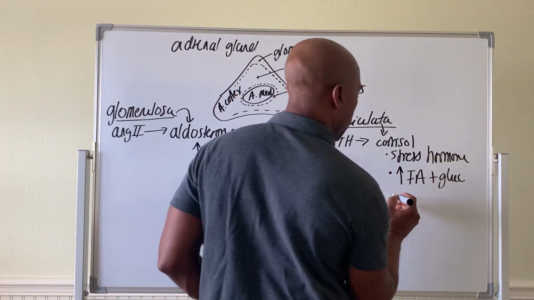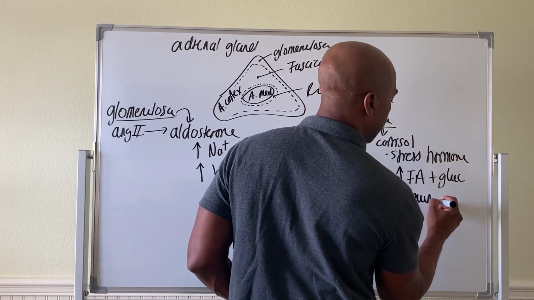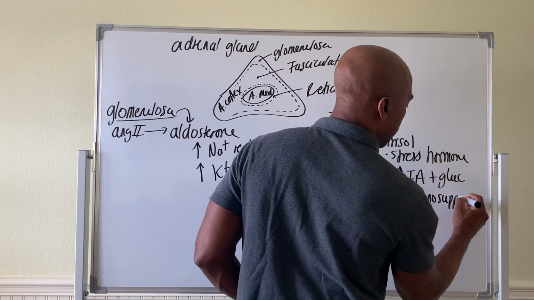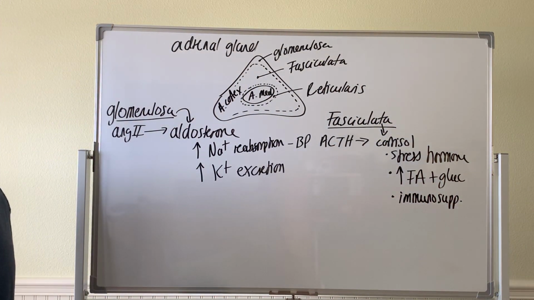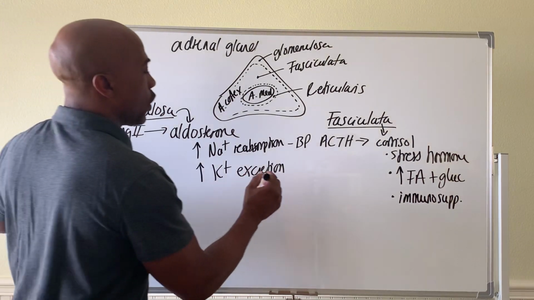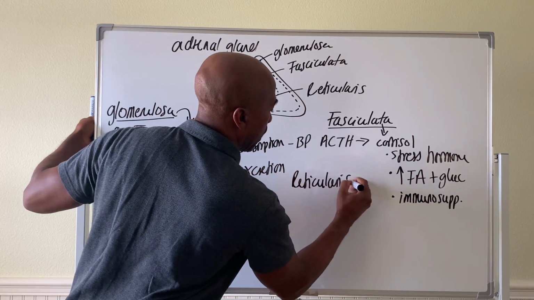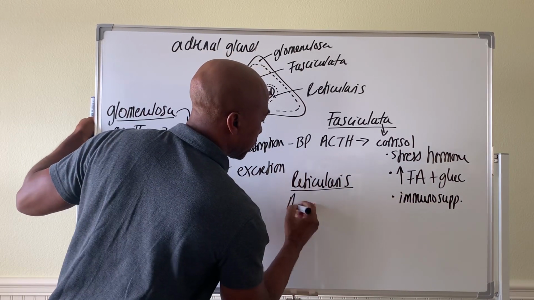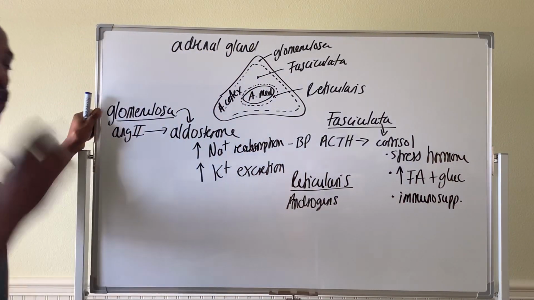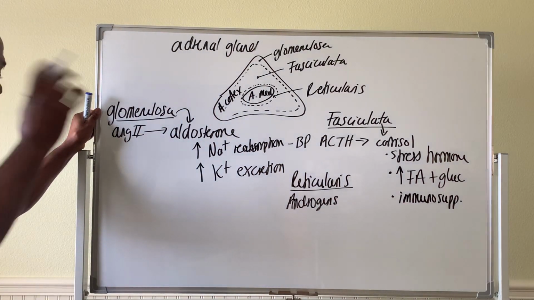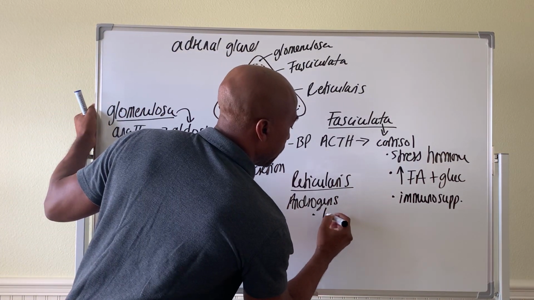Actually, in the long term, cortisol can be what's called immunosuppressive. You will get sick from long-term stress because it will suppress your immune system. So that's zona fasciculata. Then there is zona reticularis. This zone makes androgens, which are hormones that tend to masculinize the body. Both genders require androgens. This one helps to set your libido, your sex drive.